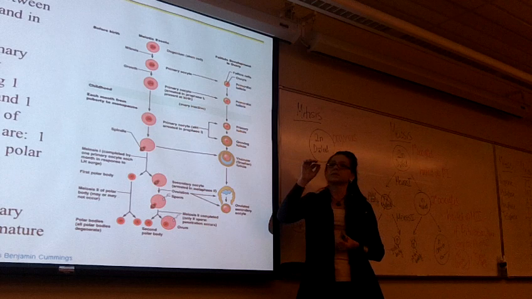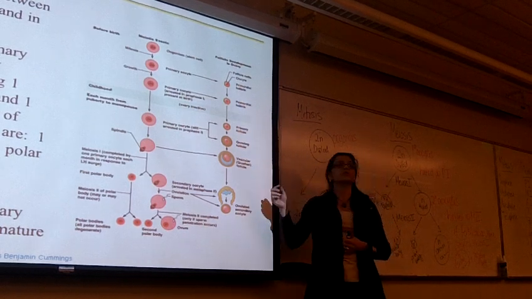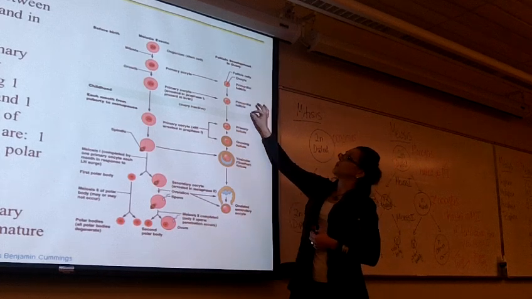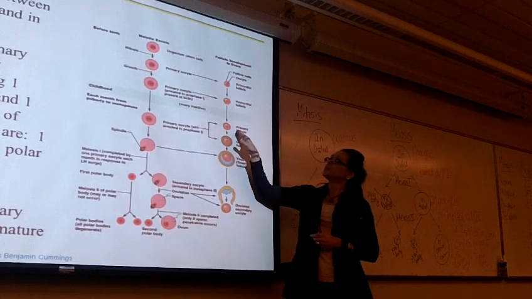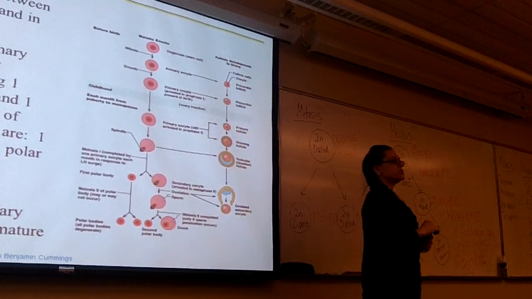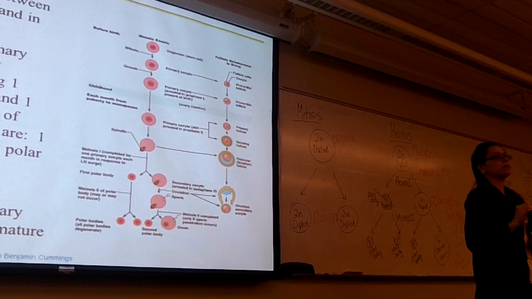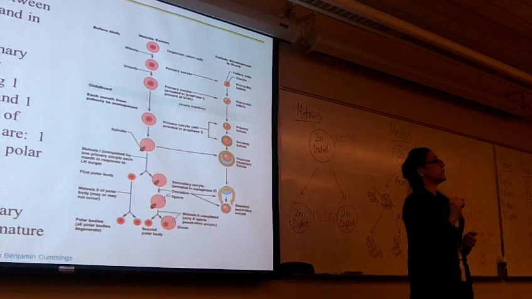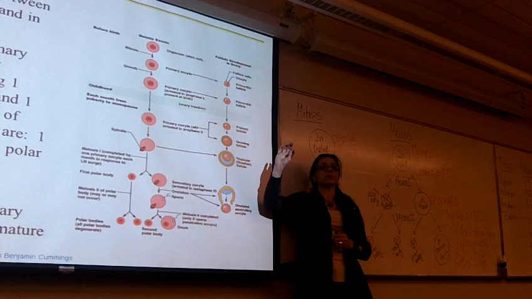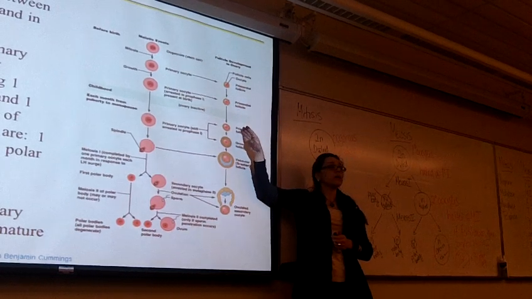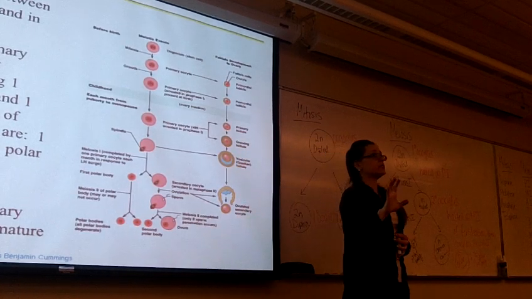So when you get this increase in FSH at the beginning of the cycle, and the follicles start to mature, once you go from a primordial to a primary follicle, in these primary follicles you'll start to produce what are called thecal cells and granulosa cells. And those cells start to secrete estrogen. So primordial follicles don't secrete estrogen. But once you get a primary, a secondary, or a tertiary follicle, they are secreting estrogen.